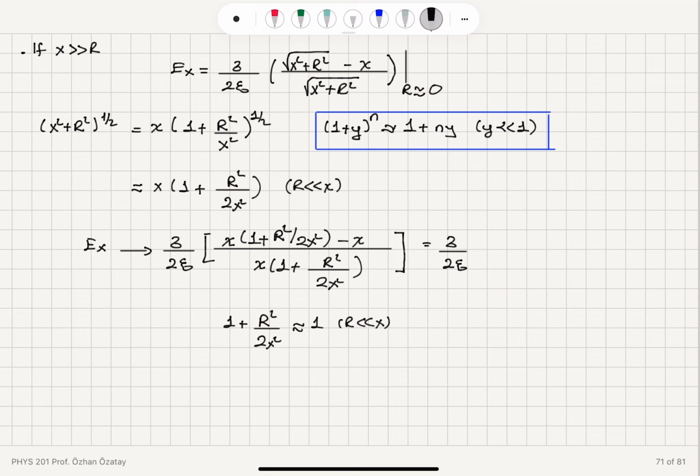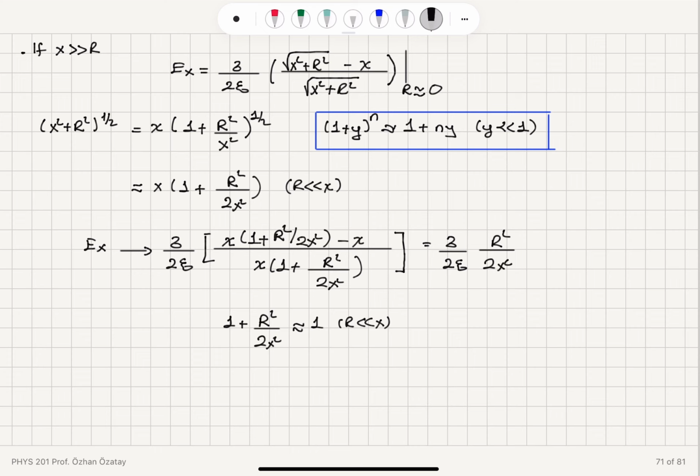For the top part I have R squared over 2x, because this is x plus R squared over 2x minus x, so the x's will cancel for this part. But then I have another x coming from the bottom because this is replaced with 1. So this becomes R squared over 2x squared.